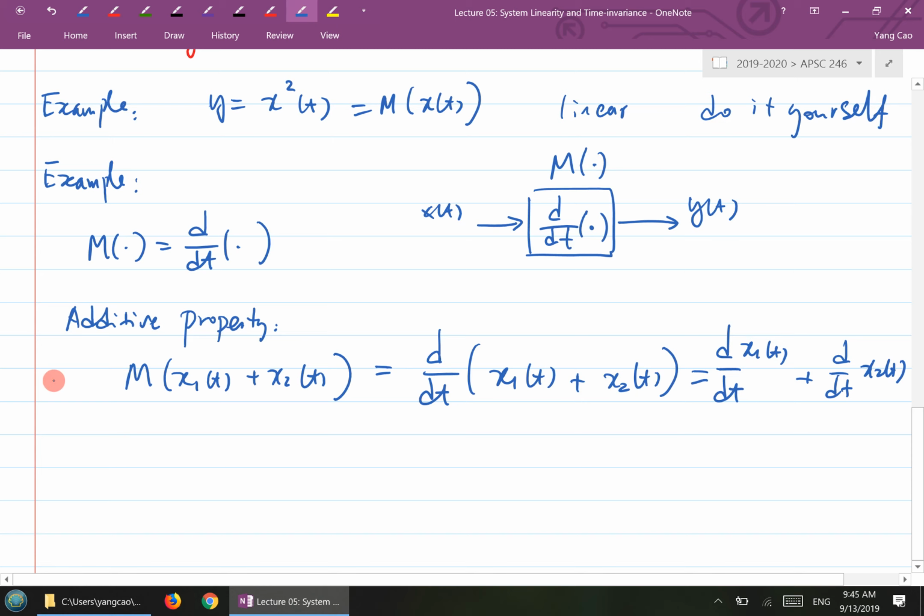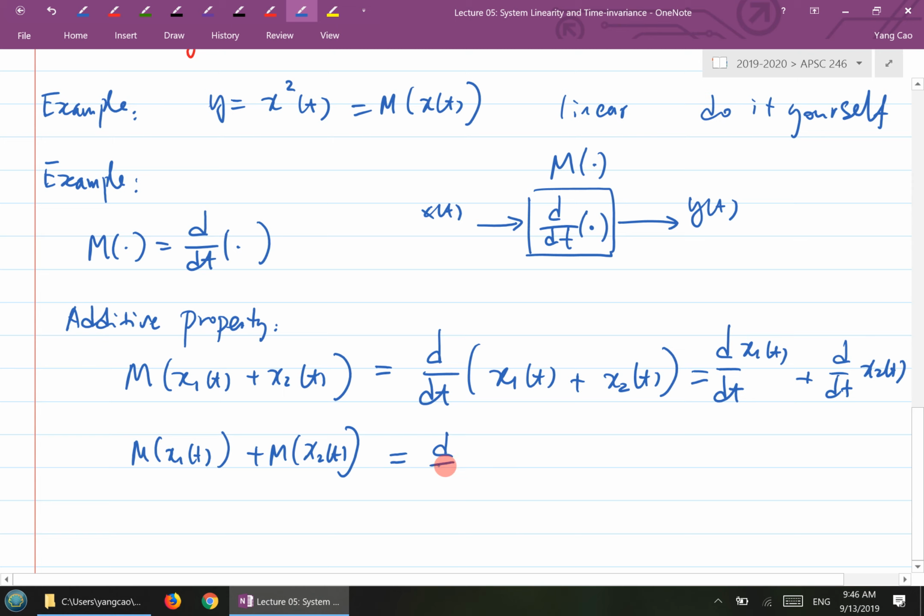And the other side of the additive property is the separate operation, or separate inputs. Input x1 and x2 separately, and then we add them together and see what they equal.